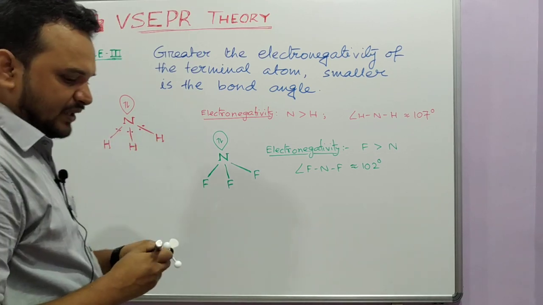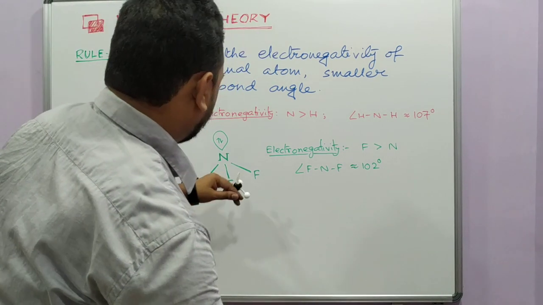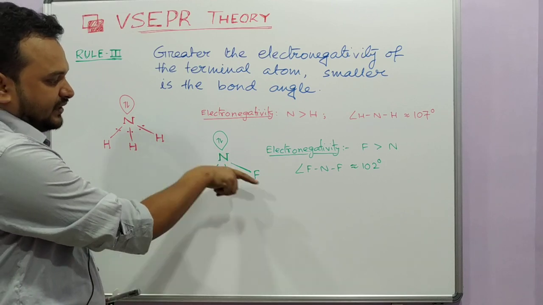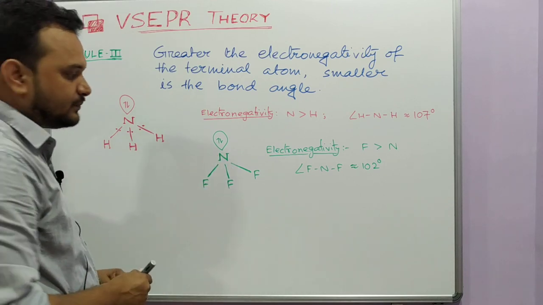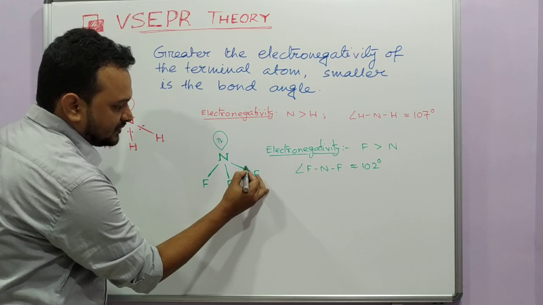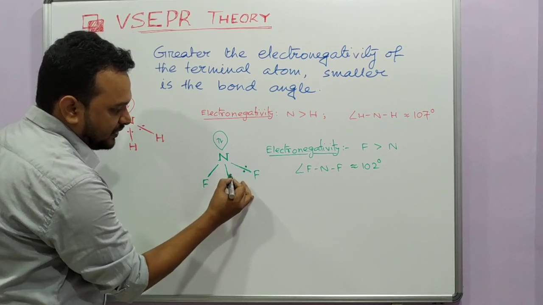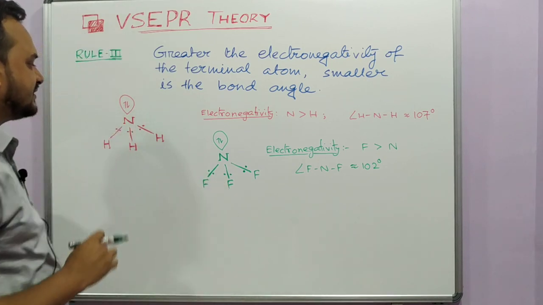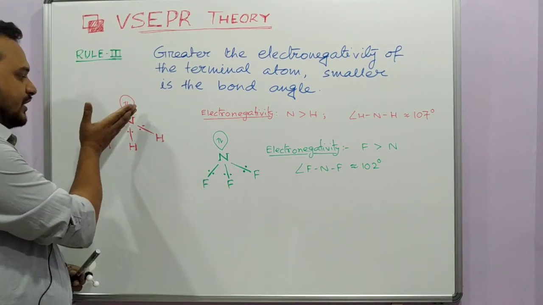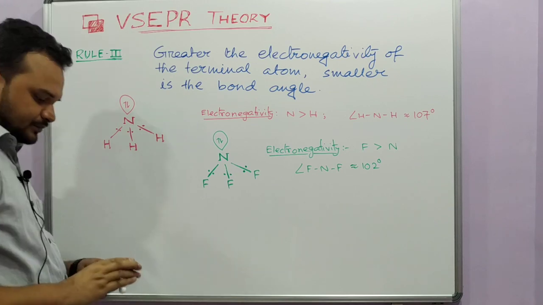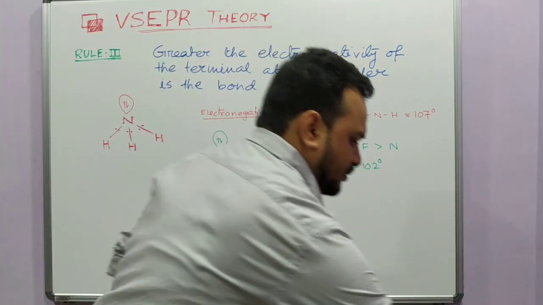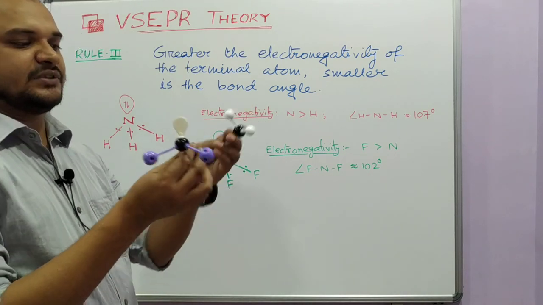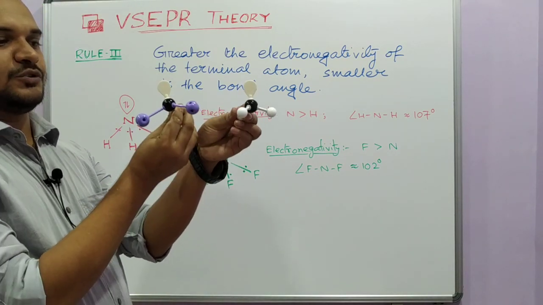right? But when it is NF3, the terminal atom has the greater electronegativity. That means now the electron pairs will tend to shift towards the terminal atom, nearer to fluorine and away from nitrogen. And here the case is exactly opposite. They are closer to nitrogen, away from hydrogen. So now if I show you these two molecules, this is ammonia and this is NF3.